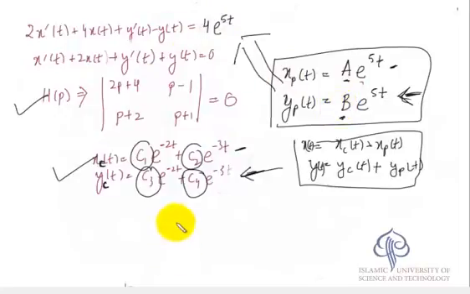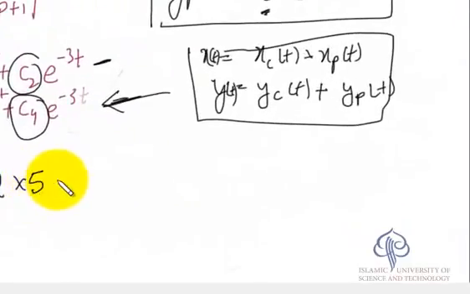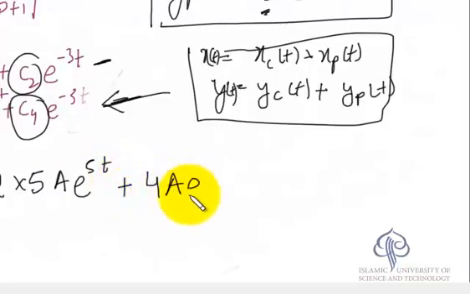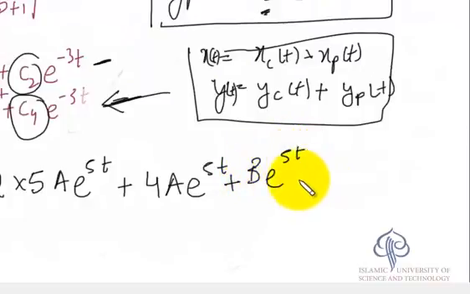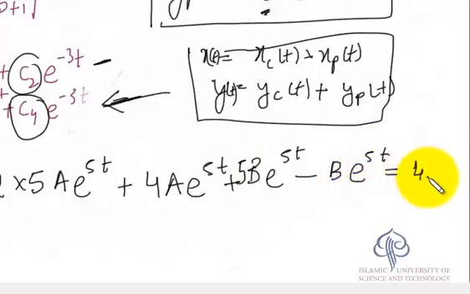For example, if I do it here, I can put in 2 into the first differential of xpt, that is 2 into 5a e to the power 5t plus 4a e to the power 5t plus y dash, that is b e to the power 5t, minus yt. Y dash also will have a 5 here, right? Minus b e to the power 5t is equal to 4 e to the power 5t.